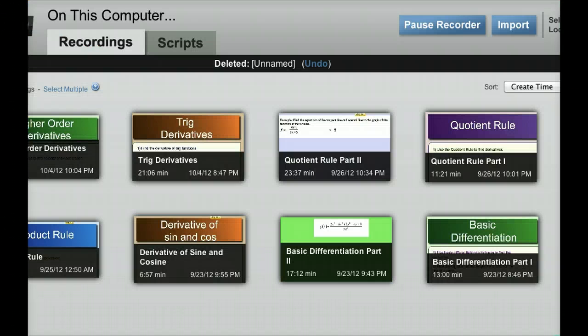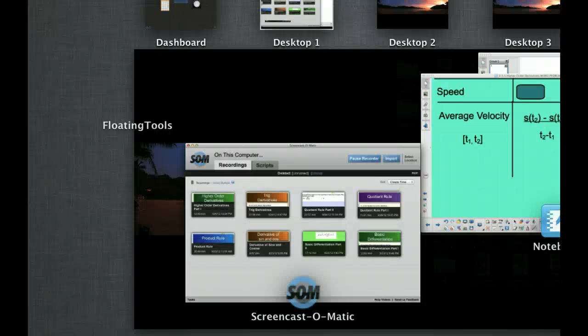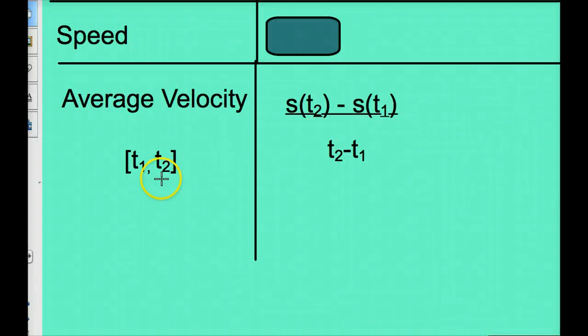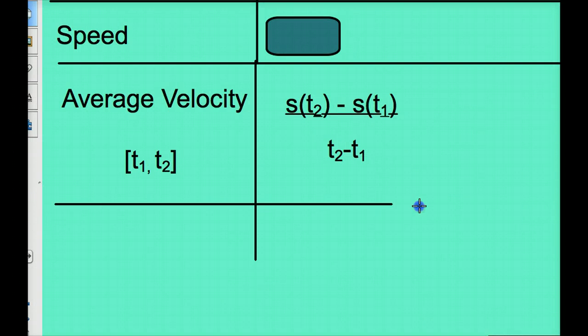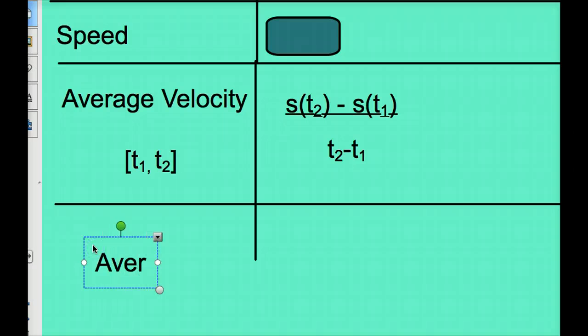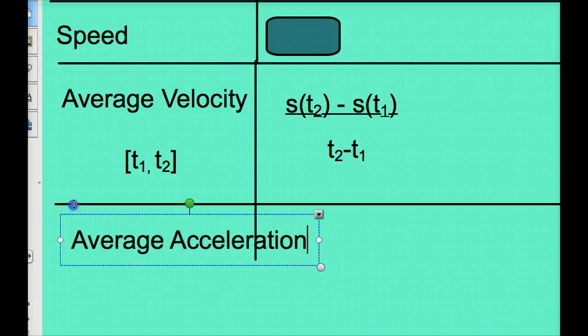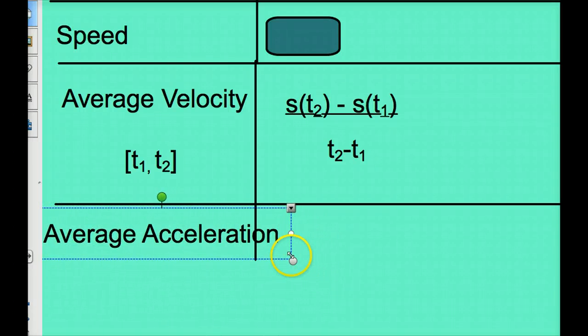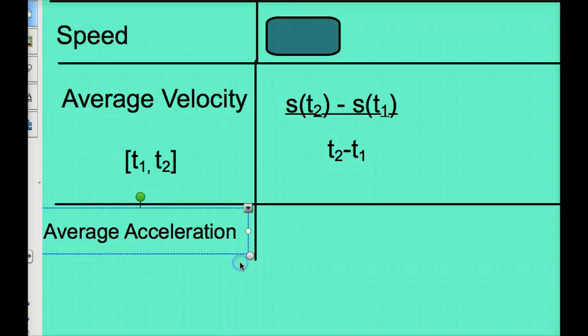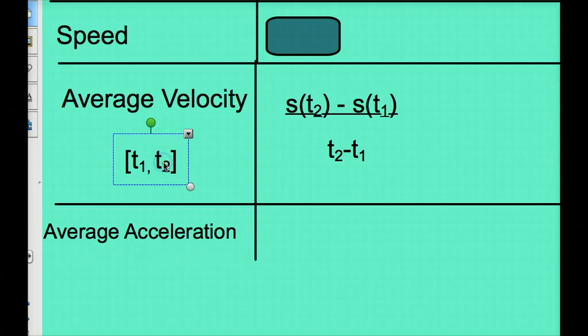Another equation that you're going to see here is the average acceleration. Average acceleration is a phrase that you just might see, and you're going to use a slightly different equation. However, I still need to have a t1 and a t2.